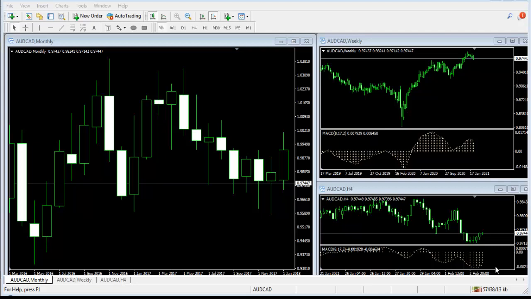Then the other thing is, if you are scalping, use the 15 minutes, using the hour and the 4 hour as your charts for direction, support and resistance, and then also sentiment.